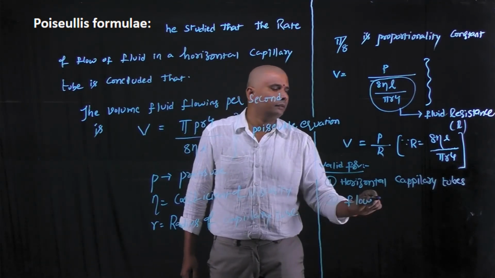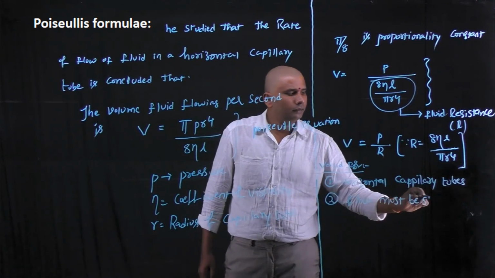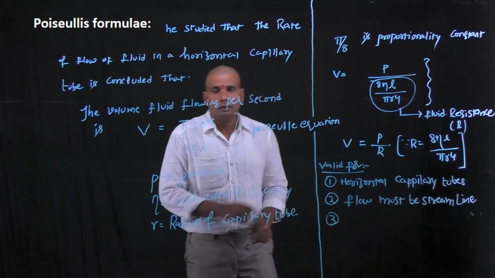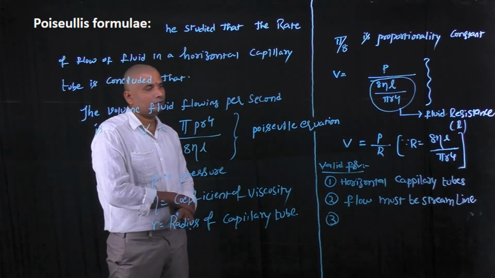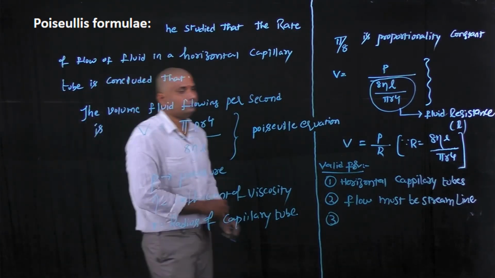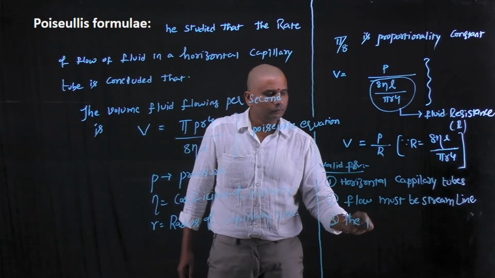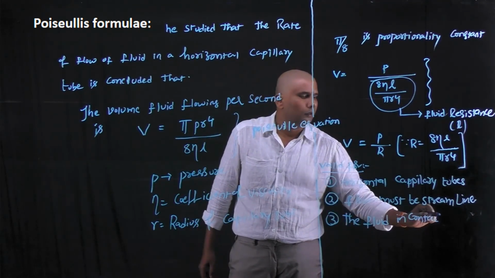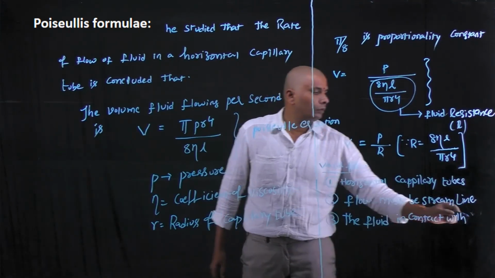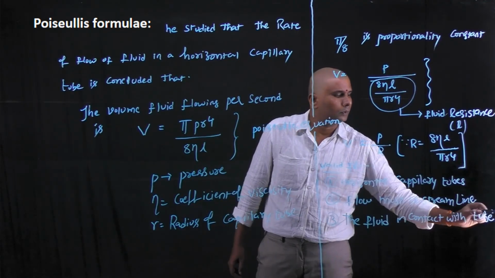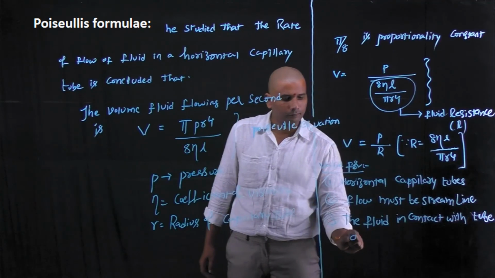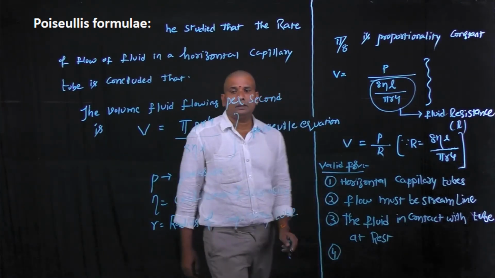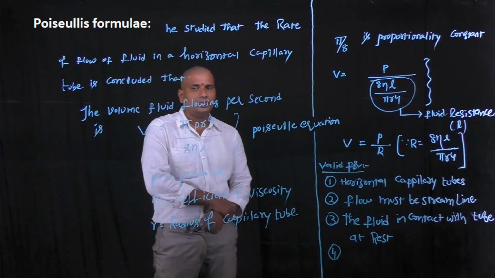The fluid in contact with the tube is at rest, and the pressure of a fluid at a given cross section is constant.